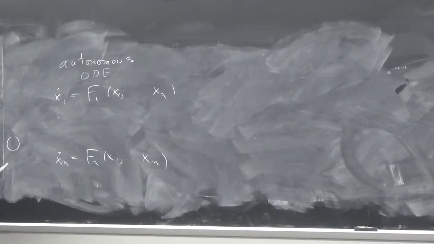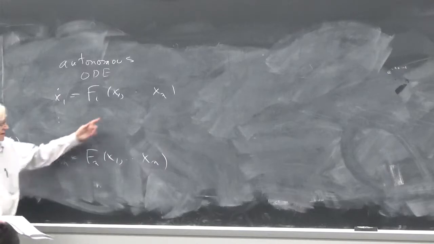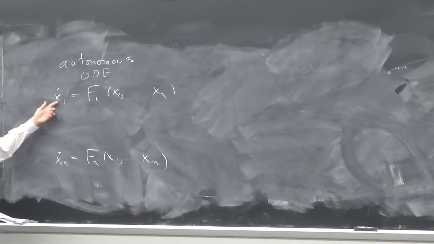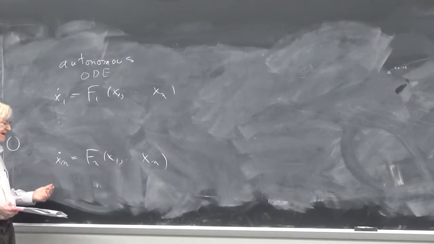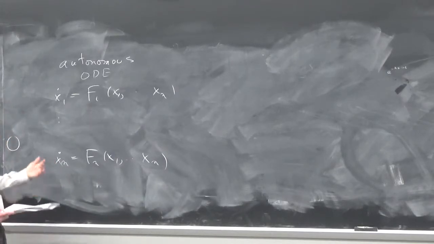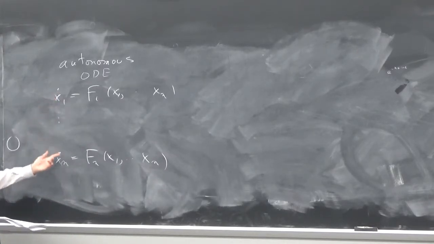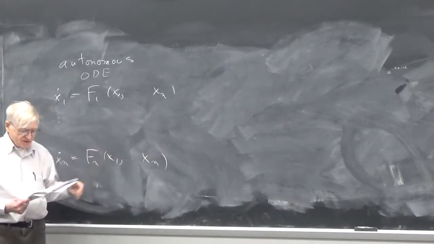But now, it turns out that this can describe a much more general situation than it seems. In other words, it's first order here, and these f's don't depend upon time, but by going from an nth order system to an mth order system where m is higher, one can describe systems that have higher time derivatives and that are also time dependent.